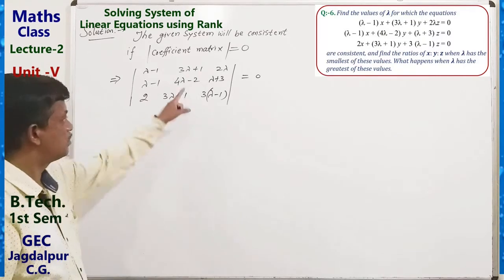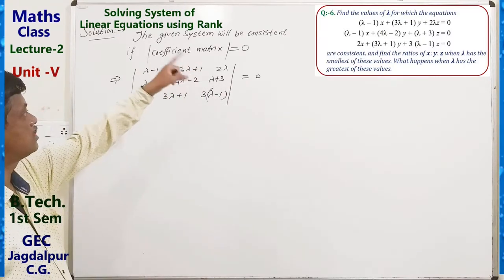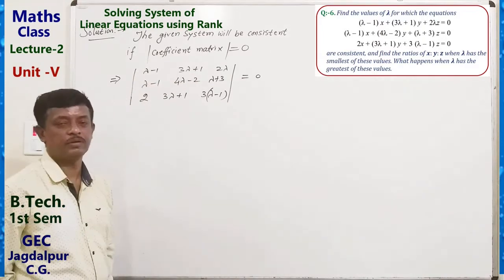Okay, so this is the coefficient matrix. The system will be consistent if this is equal to 0. Now solve it or find the value of lambda.